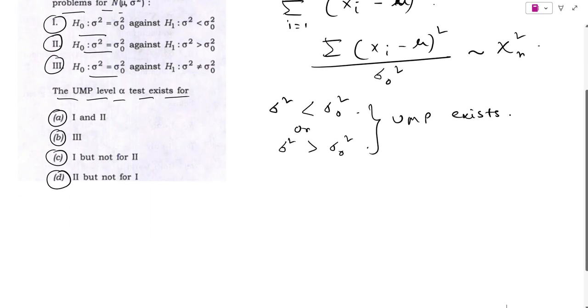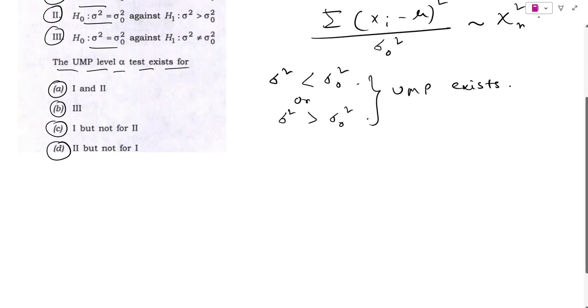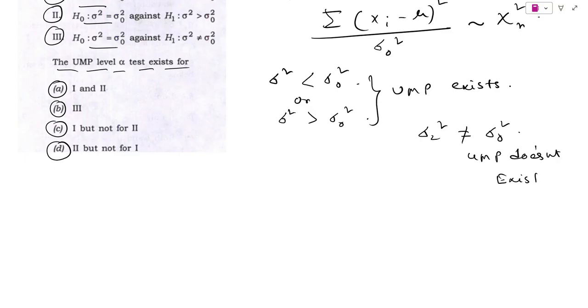For two-sided alternatives, for example sigma square not equal to sigma 0 square, generally UMP does not exist. Instead, we usually use the LRT, that is the likelihood ratio test, the unbiased test, or the equal tail test.